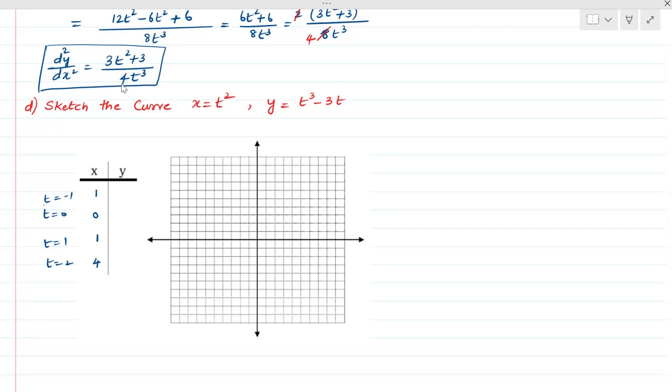When I substitute for y, it becomes minus 1 plus 2, then 0 becomes 0, then when you substitute 1, it is minus 2. When I substitute 2, 8 minus 6, which equals 2. So the values will be here.